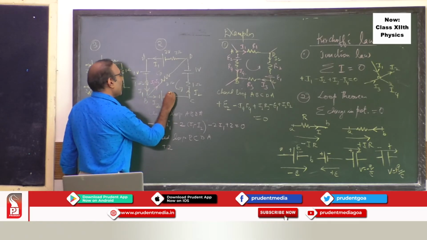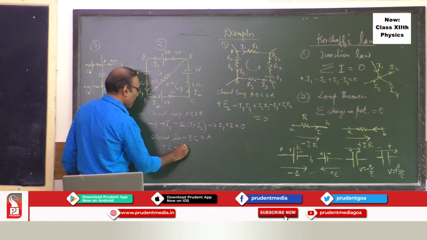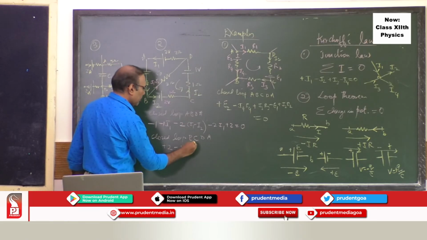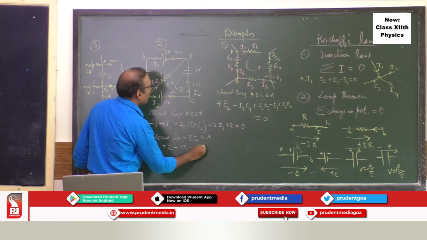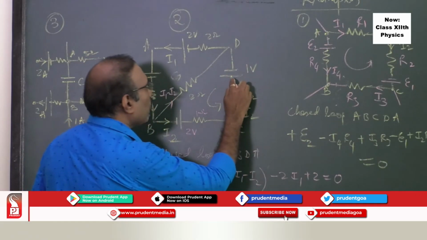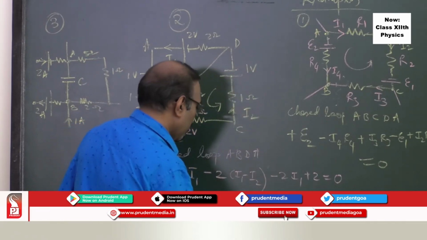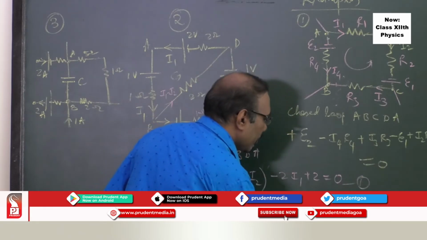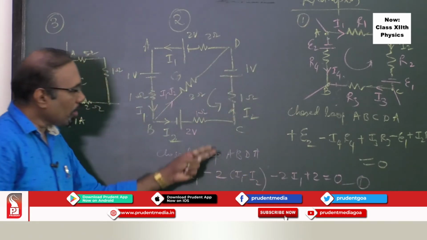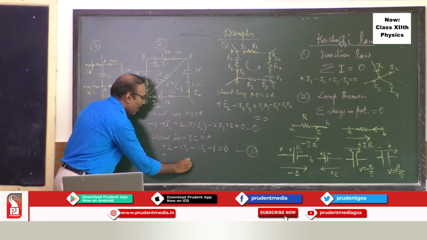This is, suppose, 1 ohm again. So minus 1 into I2, same current flows. And we are going from positive to negative, so it will be minus 1 volt. This is equation 1, this is equation 2. Solve both the equations, you will get the values of I1 and I2.